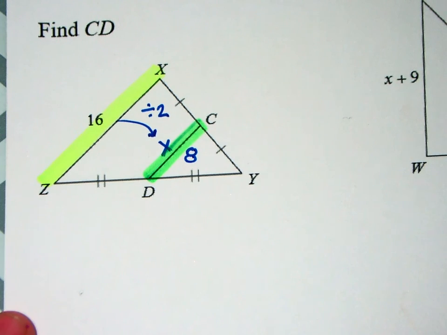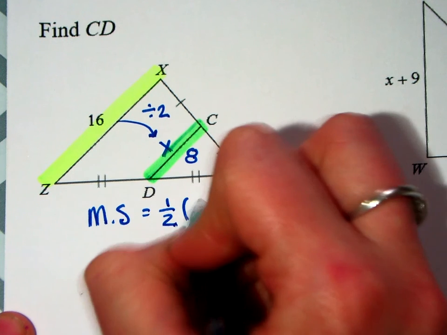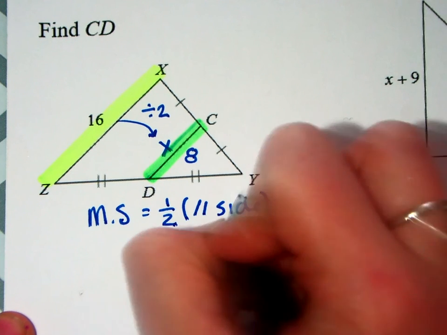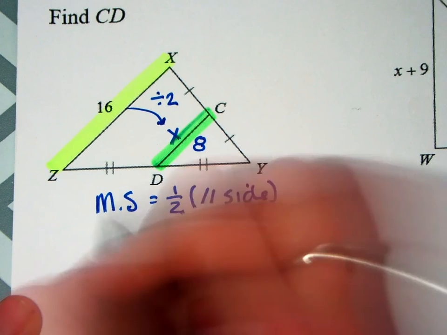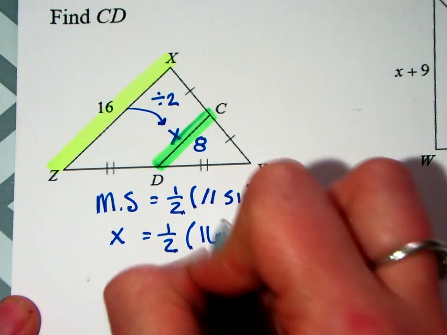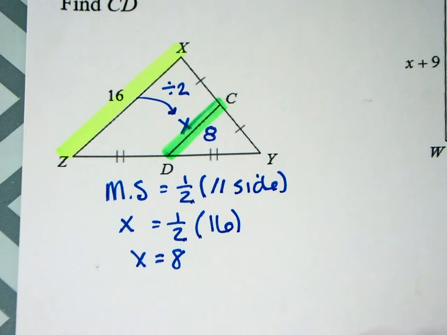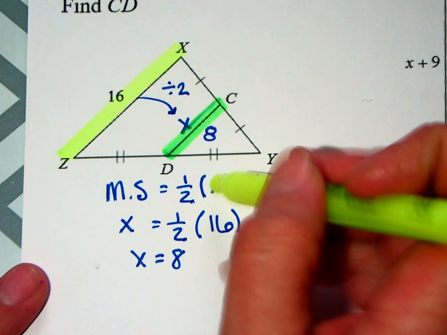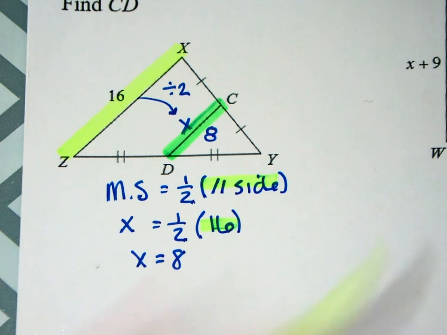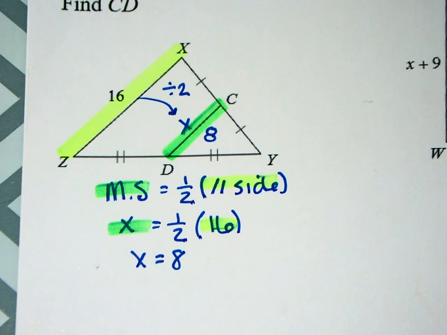If I wanted to use the formula, remember it's mid-segment equals half of the parallel side. So in this case, my mid-segment is unknown, and it's half of my parallel side, which is 16. Half of 16 is 8. So you can use the formula. You don't have to if it's just a number and a single variable, but you can if you want to. It will work the same way.